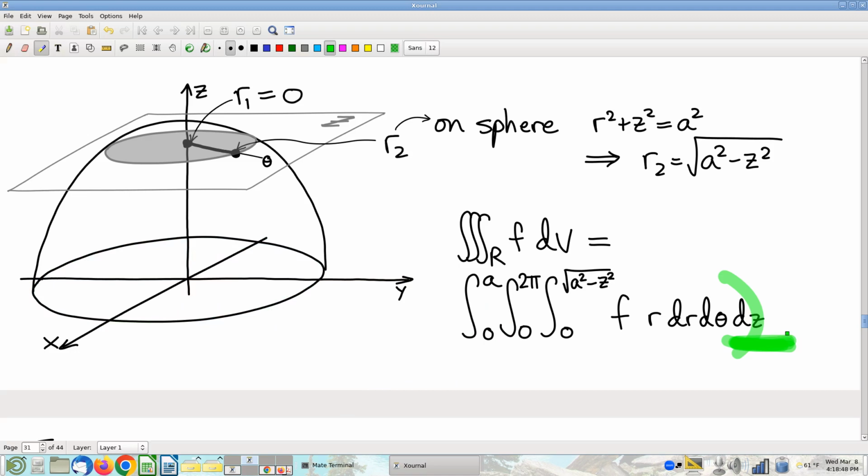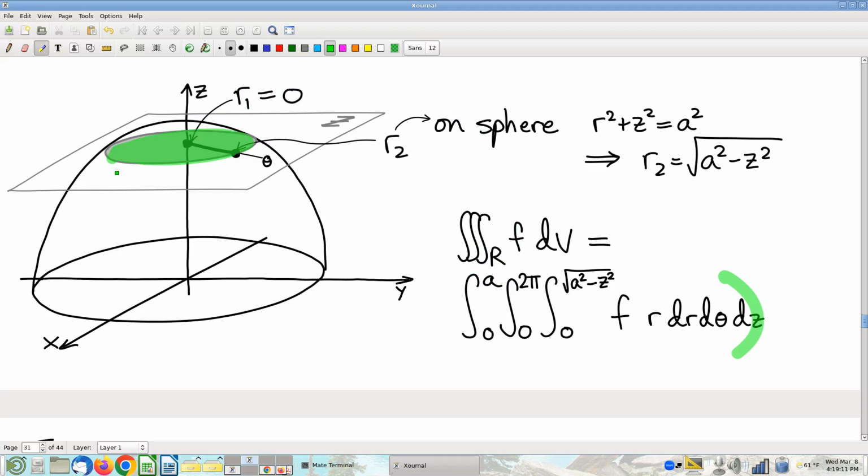Last slice, North Pole. Whereas Z, again looking at Z, at the North Pole, of course, this is a sphere of radius A, Z is equal to A. Then, as usual, we're now going to fix a value of Z.